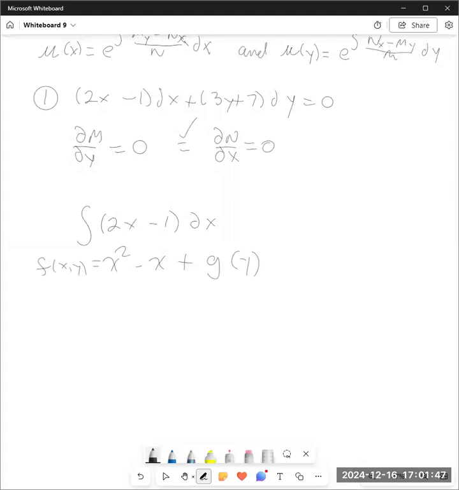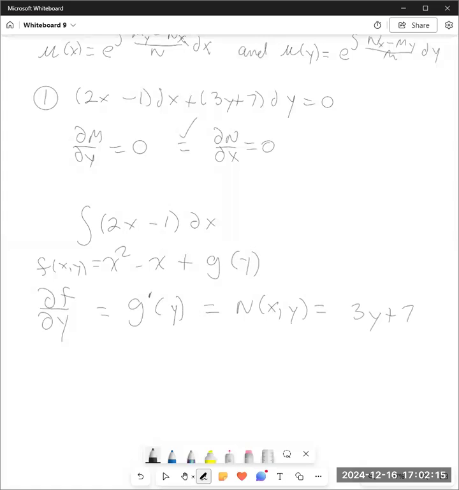Now I'm going to say that df/dy, the partial derivative with respect to y here, is going to be g prime of y, and that needs to be equal to N(x,y), which is 3y plus 7.